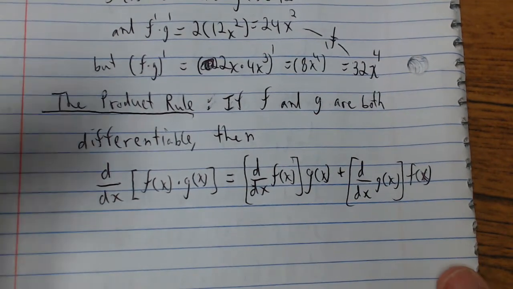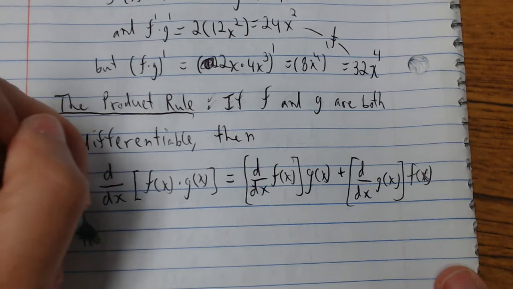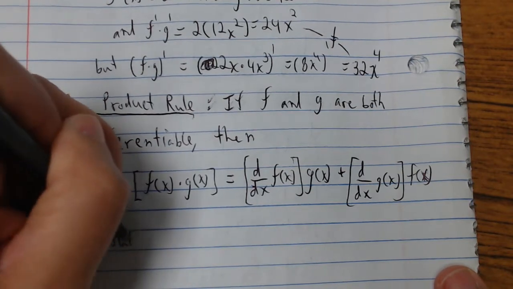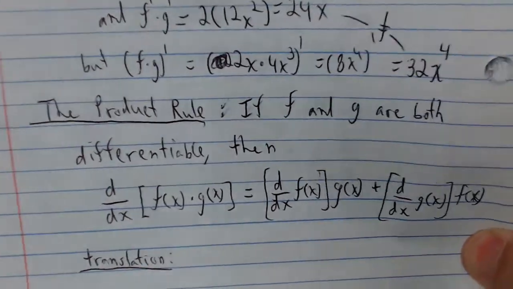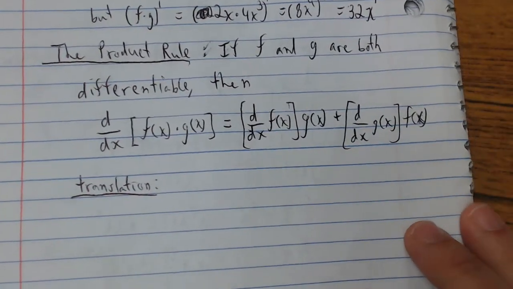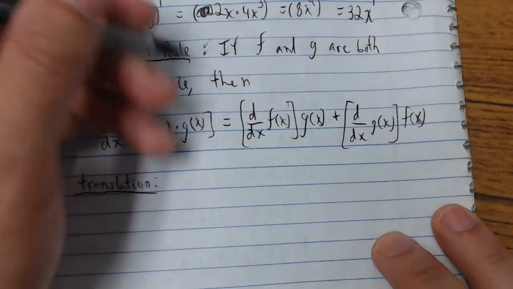So the way I translate this, and this is how I talk myself through these derivatives, and it's important to always talk yourself through the derivatives because it just keeps yourself from making mistakes. So the translation for me is like this.